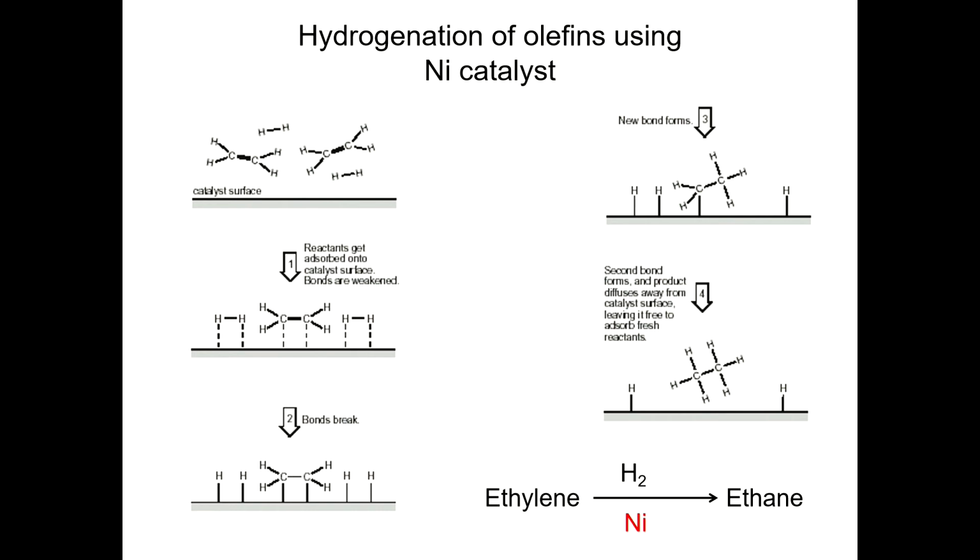So the hydrogen will coordinate with the nickel and form a very weak bond. This means one electron from hydrogen moves to the empty d orbital of nickel to form a very weak bond.